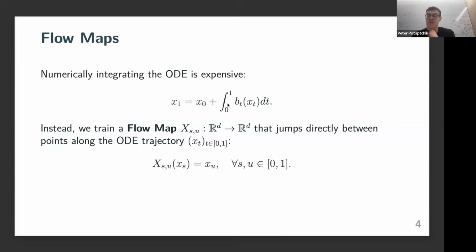This means that instead of having to infinitesimally simulate this ODE by evaluating the drift b_t, I can just jump between arbitrary time points using my flow map. In particular, if I take s to be 0 and u to be 1, then it's going to jump straight from an x0 sample, just a noise Gaussian sample, to the x1 sample, the data sample. So I've basically now compressed my entire ODE trajectory into this one-step map that allows me to do really efficient generative modeling.